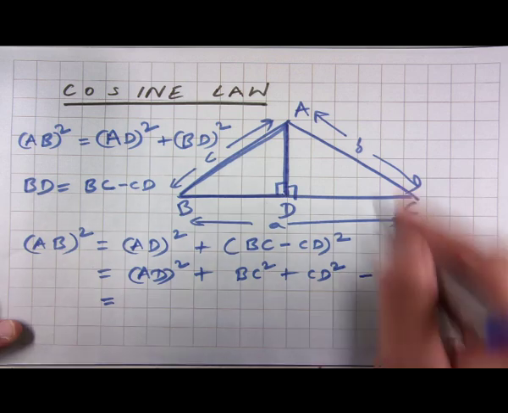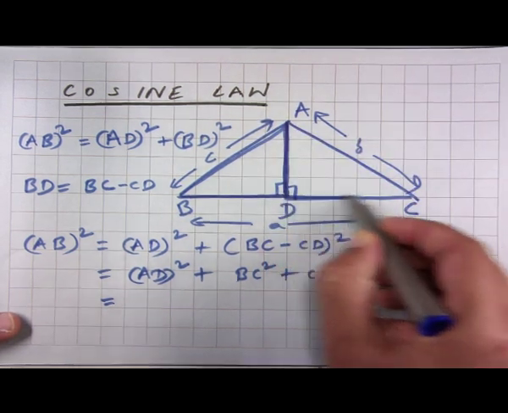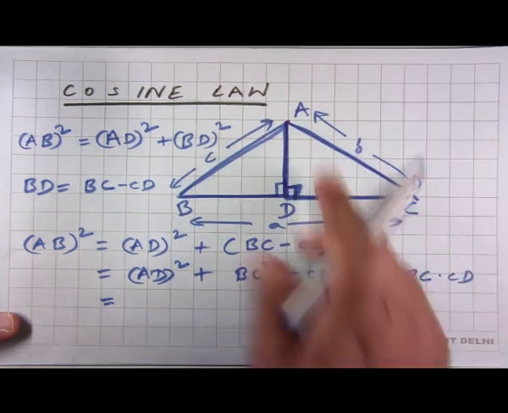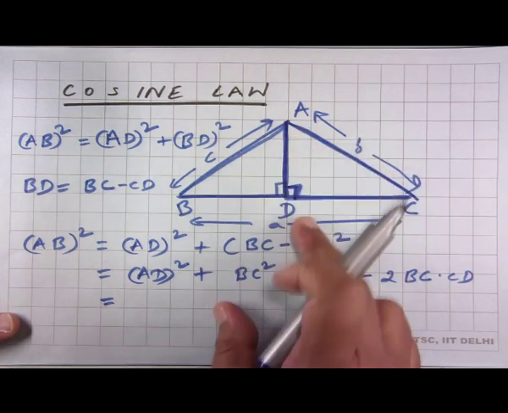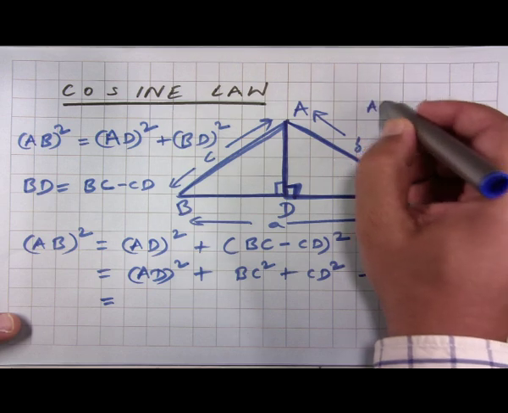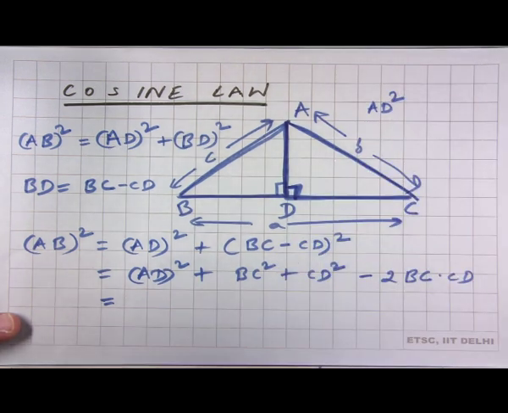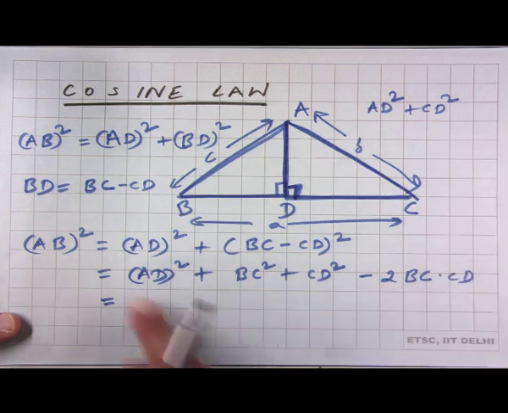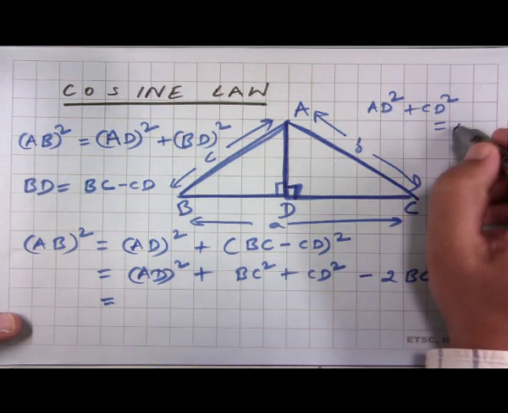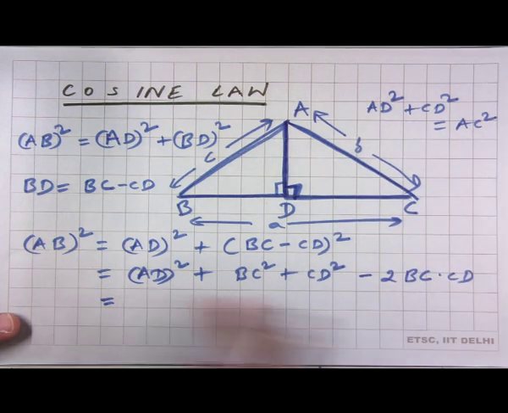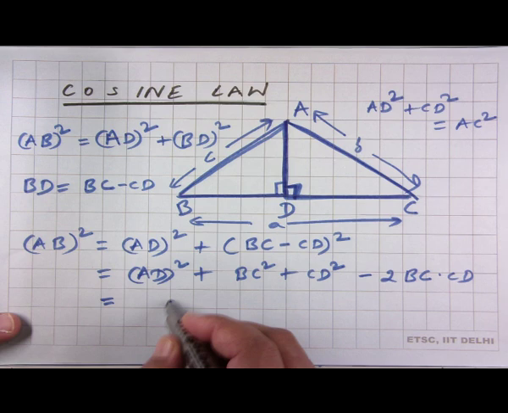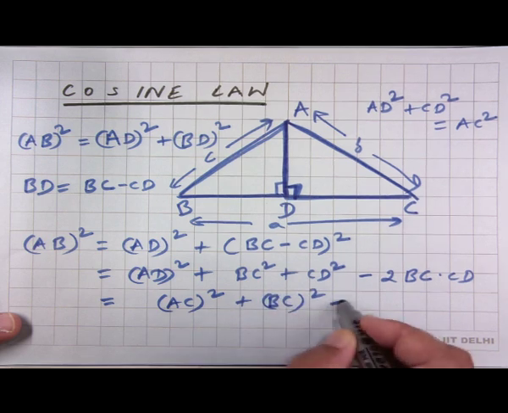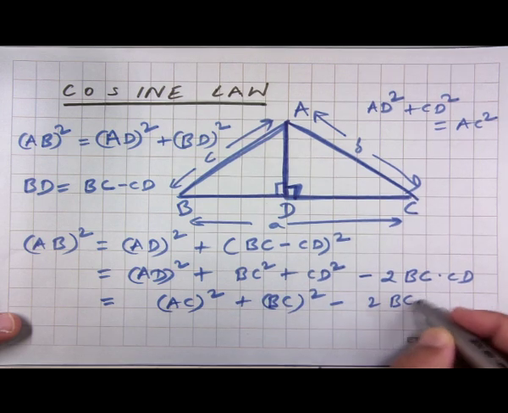If we see this right angle triangle ACD, then again from the Pythagoras theorem, AD square plus CD square is actually equal to AC square. So, we have AC square plus BC square minus 2 into BC into CD.